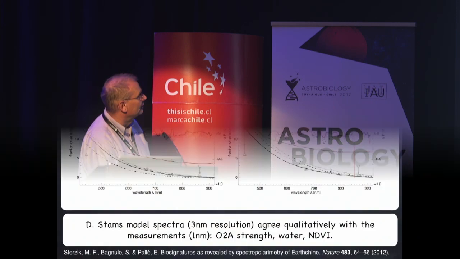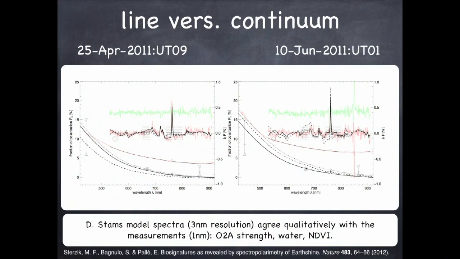These are the results. What is shown here are spectra, wavelength versus degree of polarization, at these two distinct epochs. The measurements are the red line. You see that in the continuum and in the absolute values, one epoch has a higher polarization. You also see these black lines, which are various models that were available at the time.